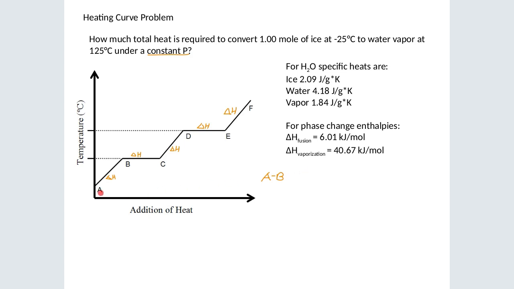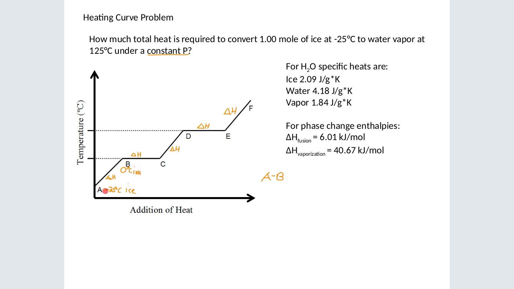All right, so looking from A to B, right, at A, we have minus 25 degrees C ice. And as we add the first bit of heat, that's going to go into changing the temperature of the ice from minus 25 degrees C up here to 0 degrees C ice.